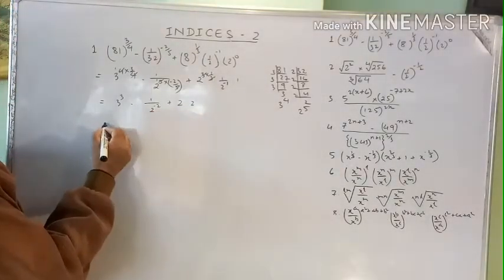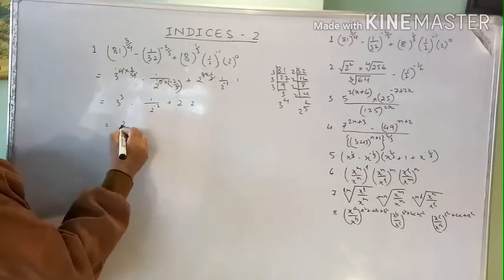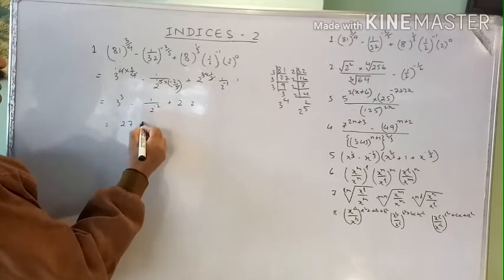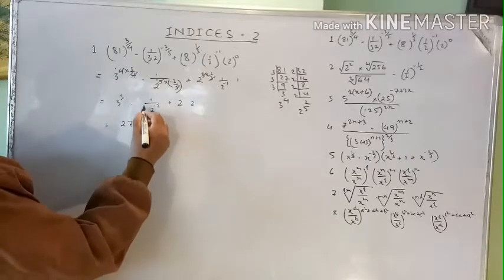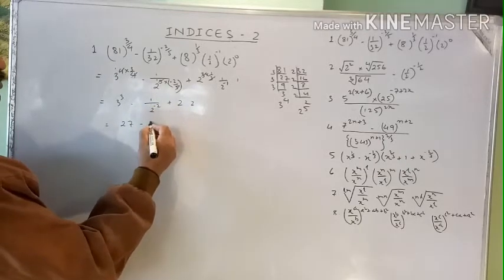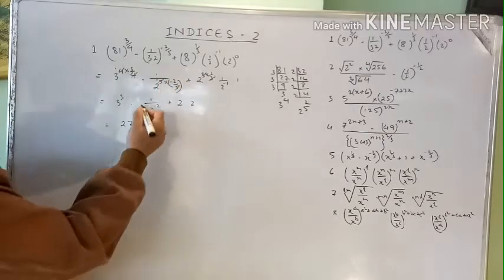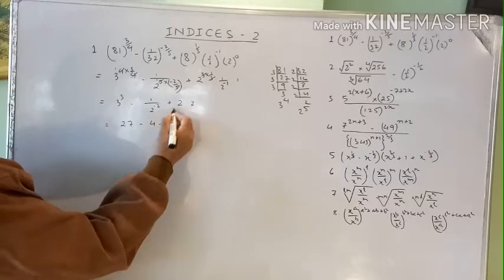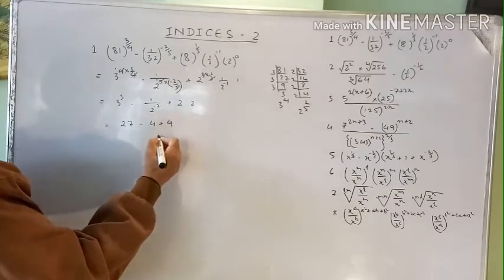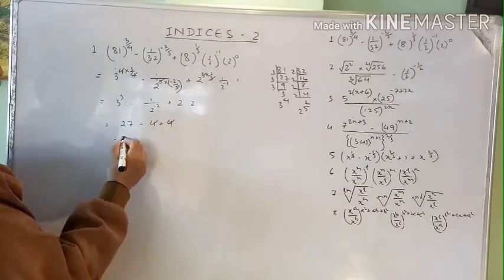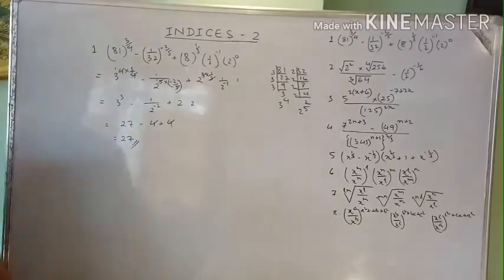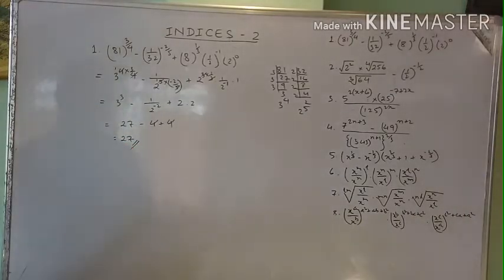So 3 cube is 27, minus this will go up and the power becomes plus, so this becomes 4, because 1 by 2 to the power minus 2 will be 2 square, and 2 square is 4, then plus 2 into 2 is also 4. So plus and minus get cancelled, so the answer is 27. This is how we simplify.